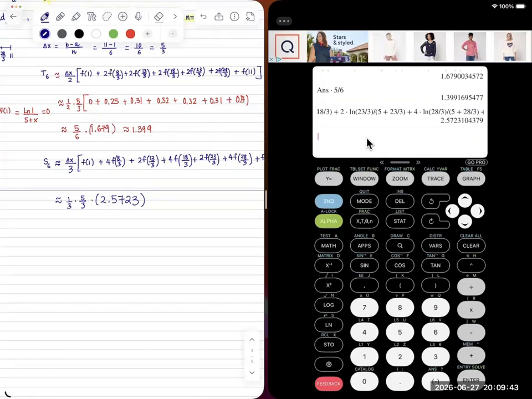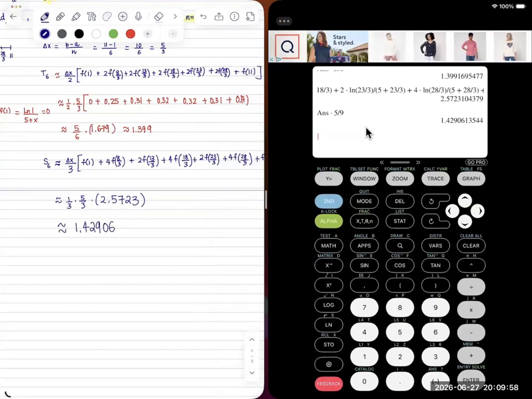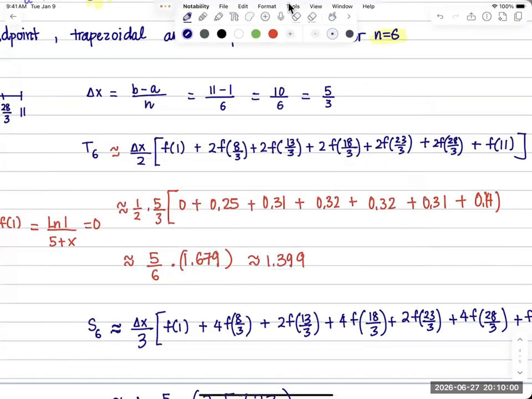Okay, and then I multiply that by 5/9, because 1/3 times 5/3 is 5/9, and then we get approximately 1.42906. Okay, so that's how the trapezoid rule and Simpson rule work.